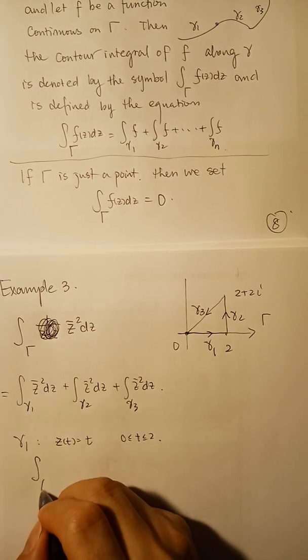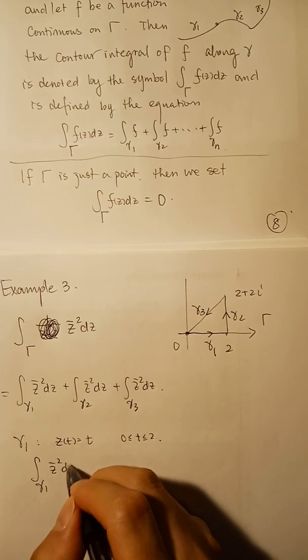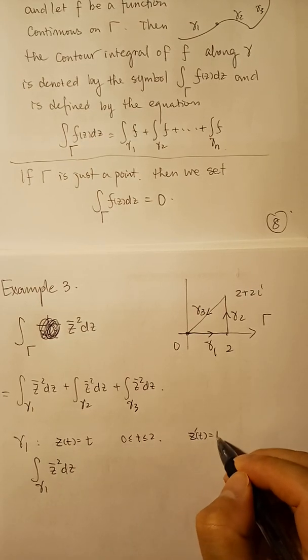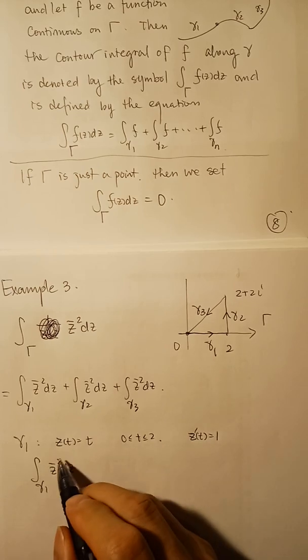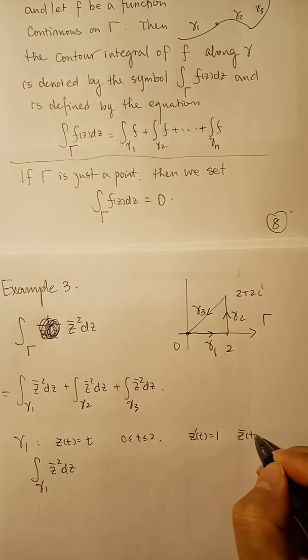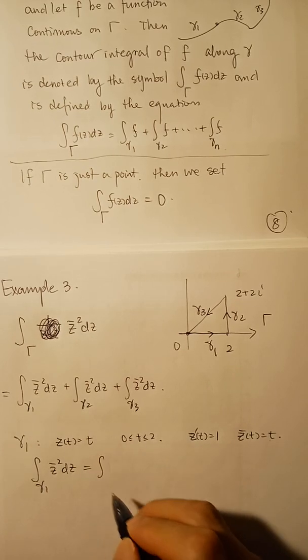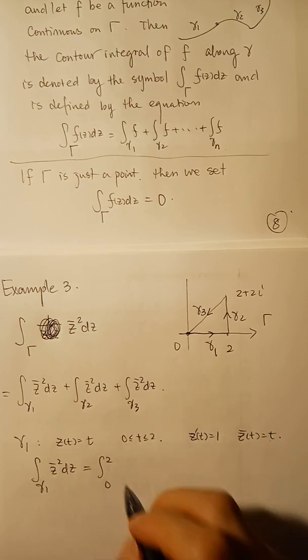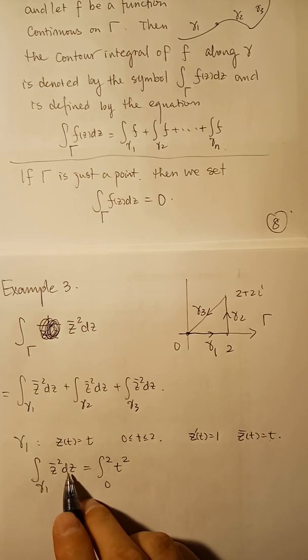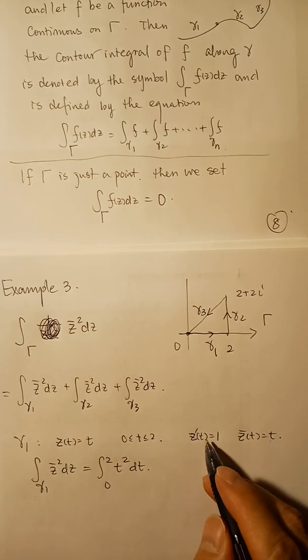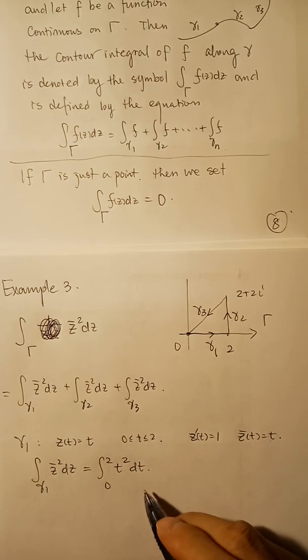Then z prime of t is 1, so you don't see it. And z bar of t is just t, because t is a real number and the complex conjugate is itself. So the integral from 0 to 2 of z bar squared is t squared, z prime is 1, and dz is z prime times dt, so you get t squared dt.